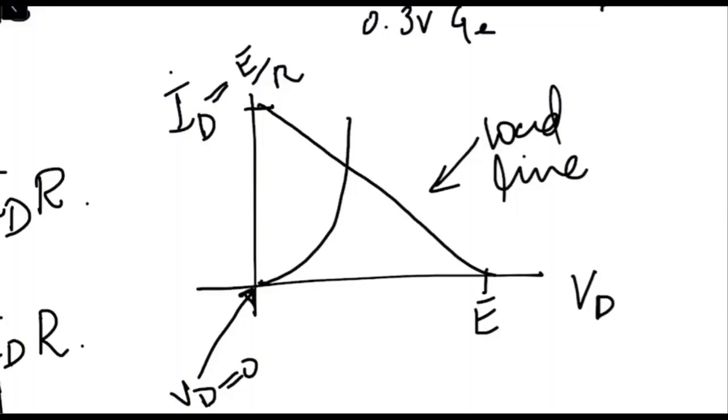Okay. So one is the load line, or the straight line which we get due to the network. And the other is the characteristic curve of the diode. The point where the two lines meet is called the Q point. The Q point is the point of operation of the diode within the circuit.